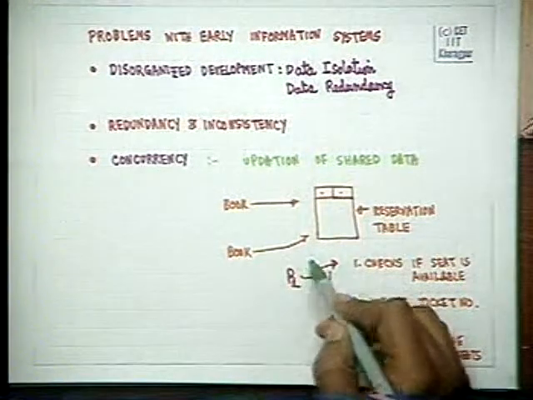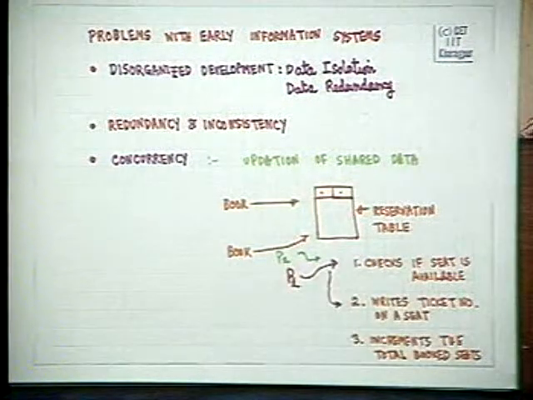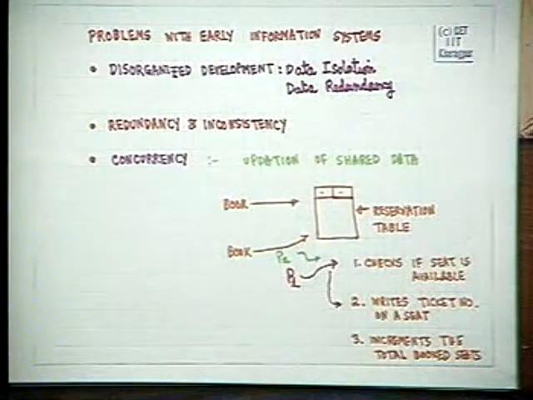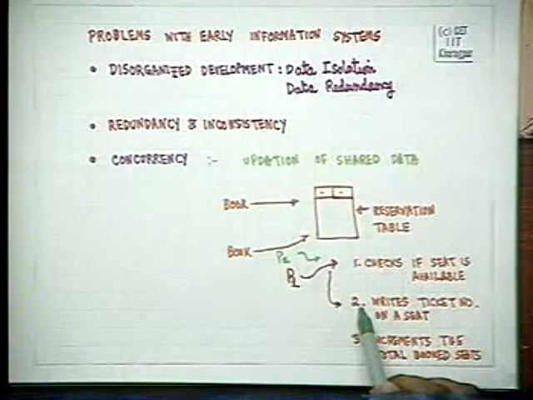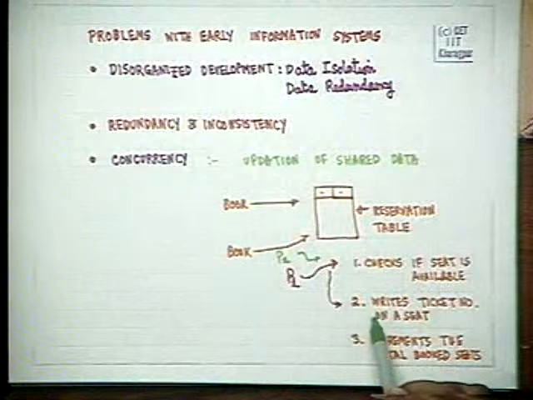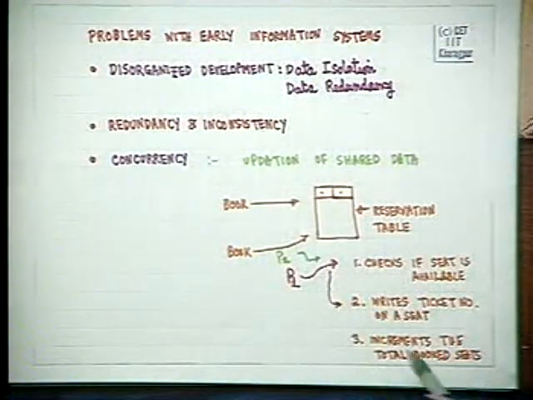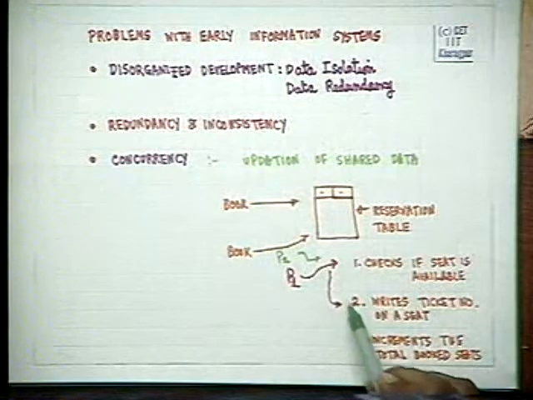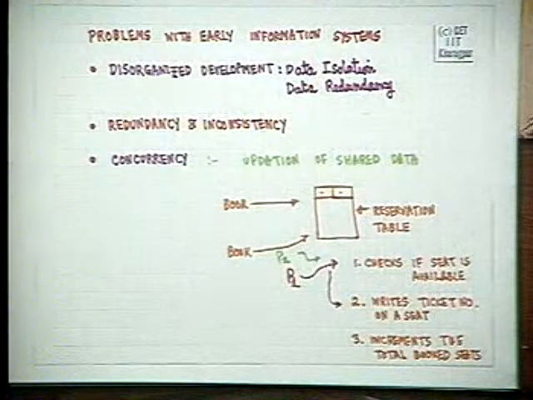P2 comes and checks. Suppose, I will give you a simple argument, suppose there is only one seat available. P2 comes and checks and sees what seat is there. So, P2 checks seat is available and writes his ticket number, and in that whole period of time, he writes his ticket number, increments the total number of seats booked, and goes away.